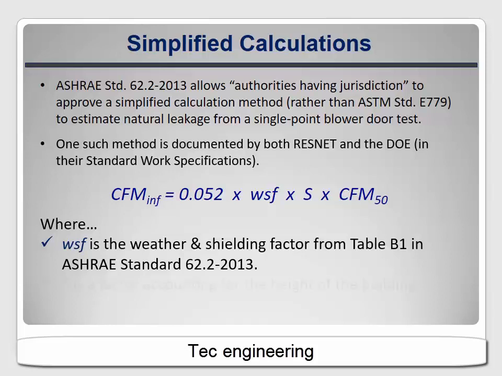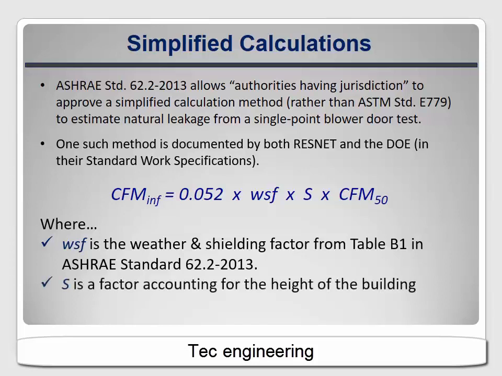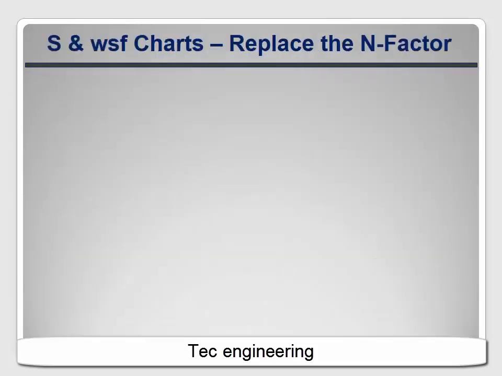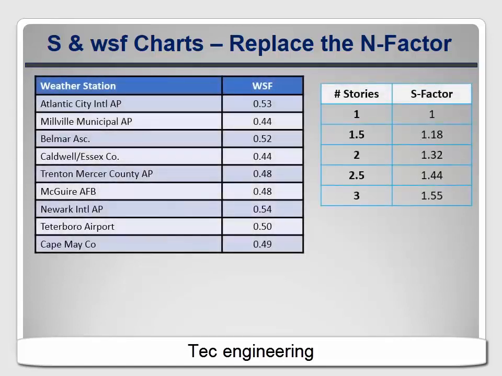S is a factor accounting for the height of the building, determined from table X1 in the standard, and CFM 50 is the blower door test result in cubic feet per minute at 50 pascals. Running the entire calculation every time leaves a lot of room for error. If you're going to be doing the math instead of using a software tool, it'd be worth investing the time to create reference tables that simplify the data for your region.